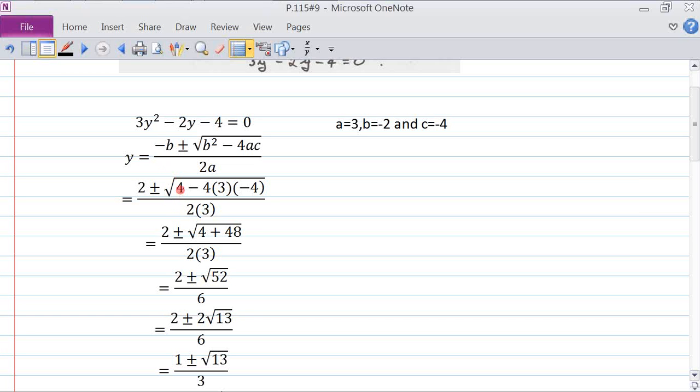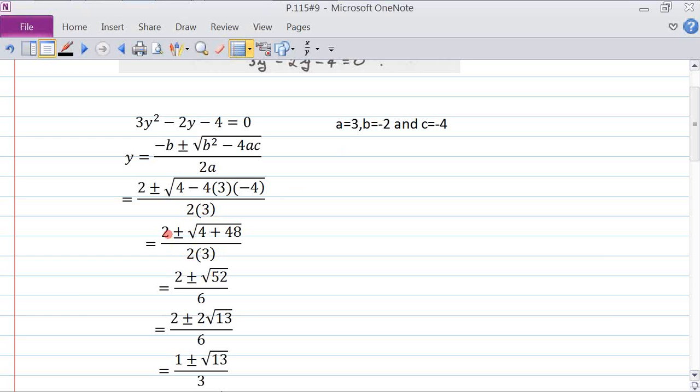B squared is 2 squared, 4, minus 4 times A, which is 3, and C is minus 4. So when we multiply these terms together, minus 4 times minus 4 is 16. 16 times 3 is 48, so we get the 48. The 2A, of course, is 2 times 3.